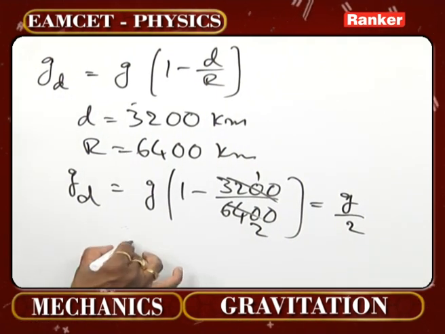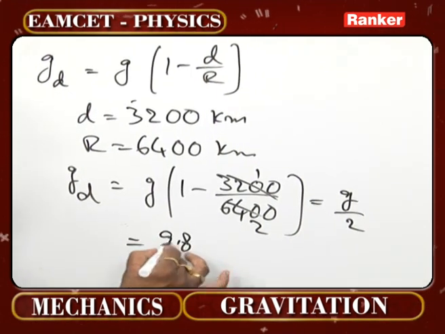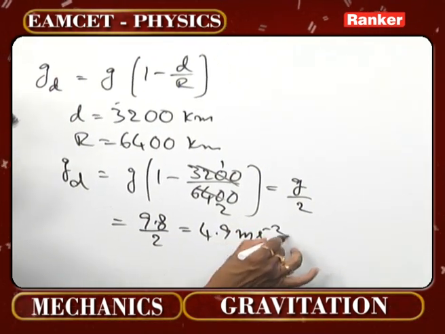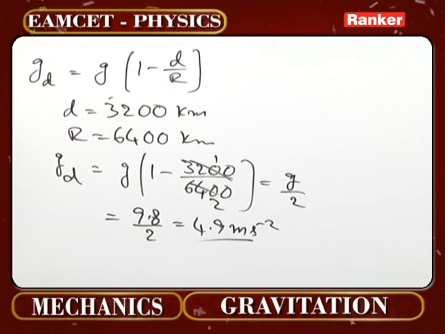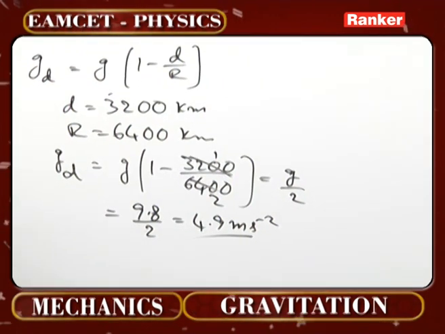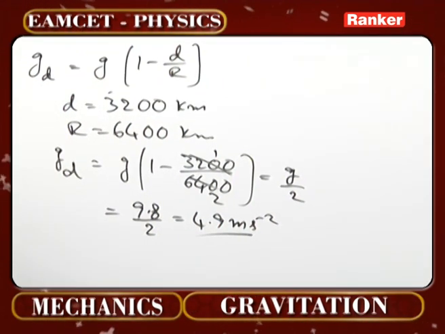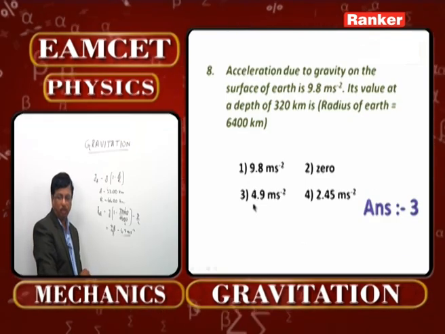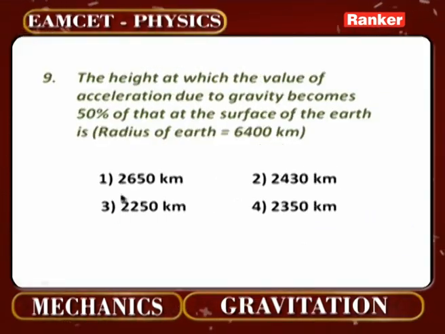The value of g given is 9.8, so 9.8 by 2 gives 4.9 meter per second square. One small change is to be made here: 3200 kilometer is to be taken. Then the value of acceleration due to gravity becomes 4.9 meter per second square, which coincides with the third option. Now look at the next one, problem number 9.